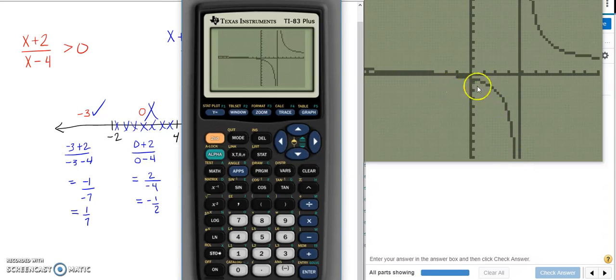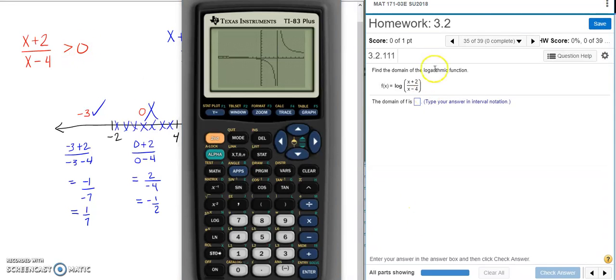So that's why the middle section isn't working, because it's a negative section. But then after 4, I'm positive again, okay? So you're looking for sections that are greater than 0 because logarithms can only have positive numbers in their parentheses in the function.